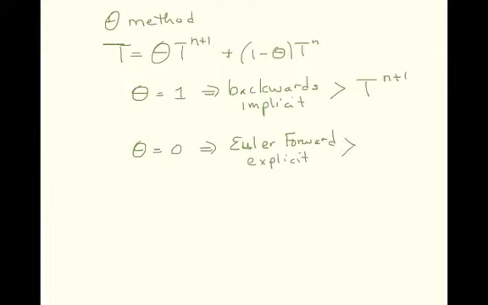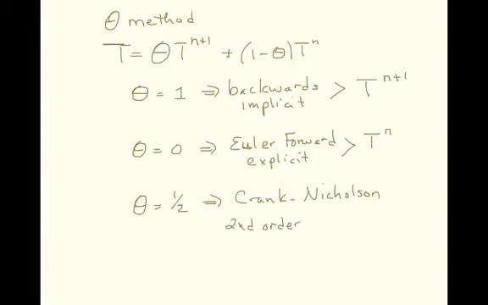If theta is equal to 0, then it's entirely based on the previous time step. There's an additional method with theta equal to 1/2 that will give us the Crank-Nicolson, which is a second order finite difference.